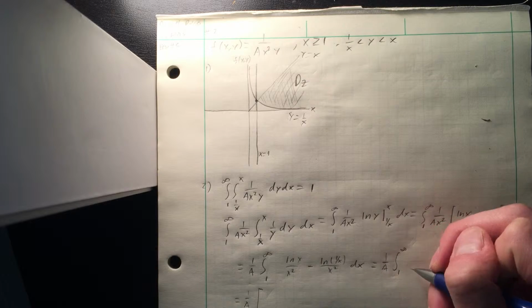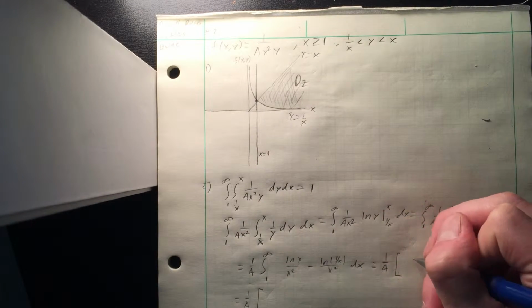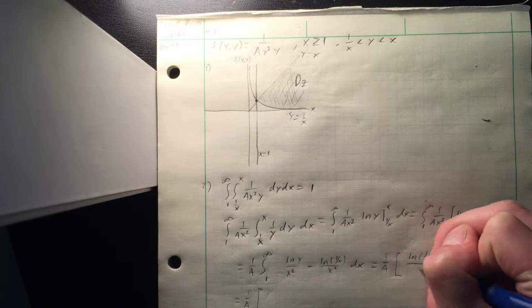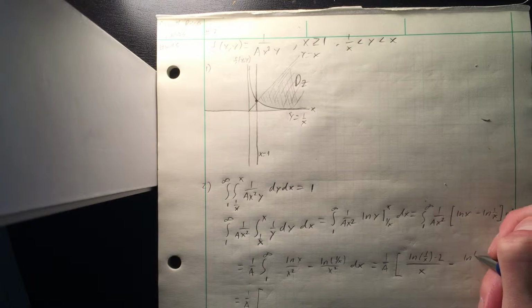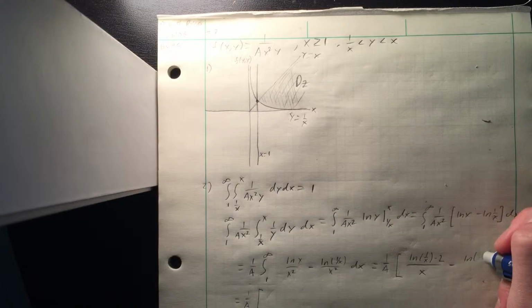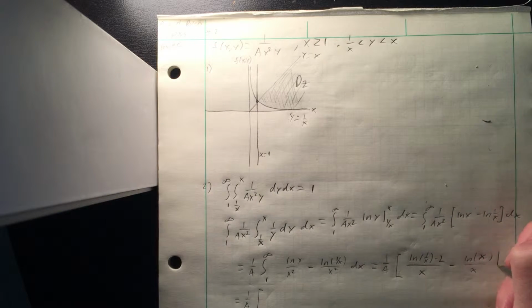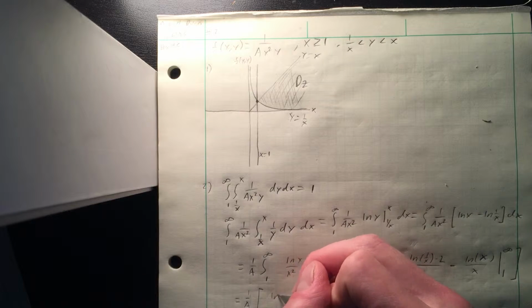So we've integrated ln of 1 over x minus 2 over x, and that's going to be evaluated from 1 to infinity. So we're going to work that all out down here.